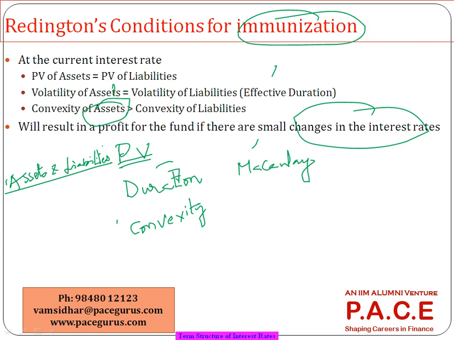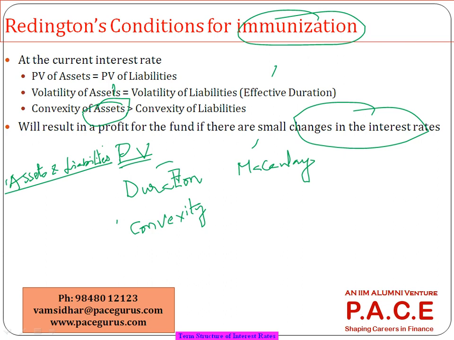So, on any kind of securities or portfolios or funds, we will be computing all these three aspects: the present value in terms of price, to check if both of them are equal for assets as well as liabilities.